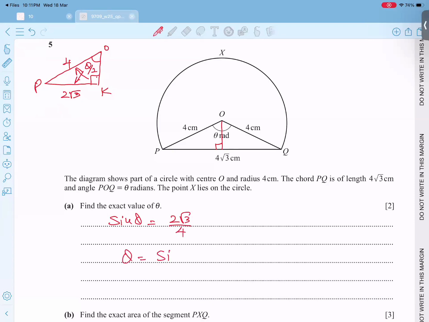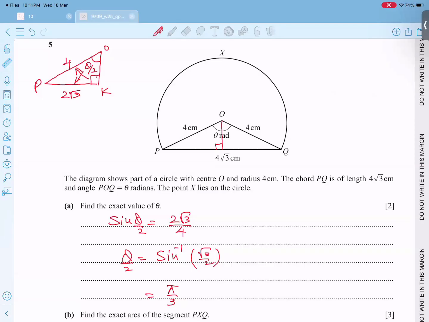So sine inverse of root 3 by 2 is not theta, this is theta by 2 basically. When we apply it, you must know the value without typing in the calculator. This is 60 degrees, or in radians pi by 3.